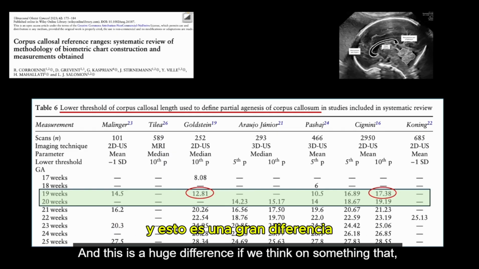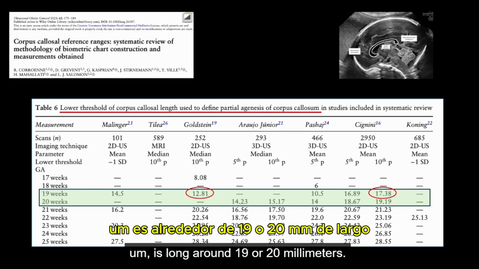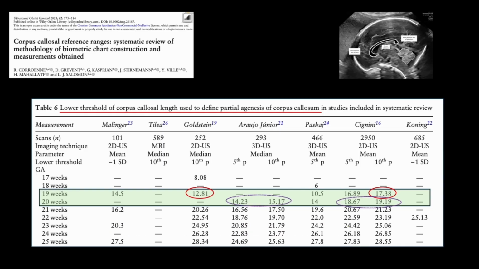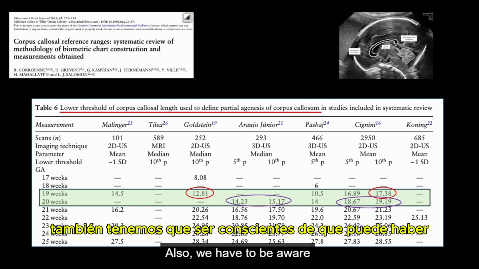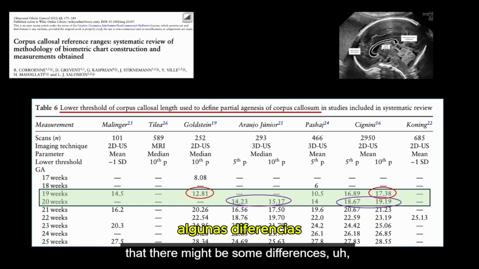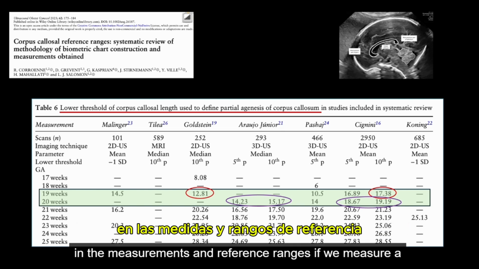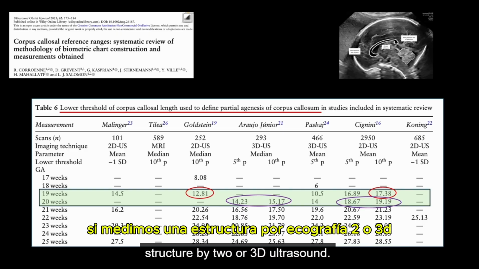And this is a huge difference if we think of something that is around 19 or 20 millimeters long. Also, we have to be aware that there might be some differences in measurements and reference ranges if we measure a structure by 2D or 3D ultrasound.